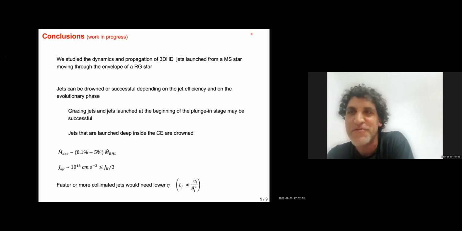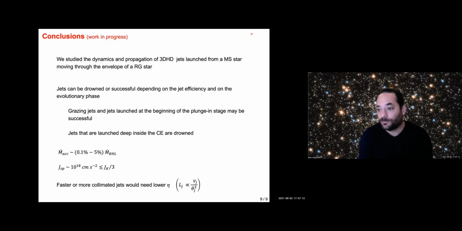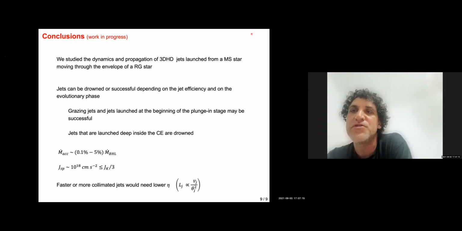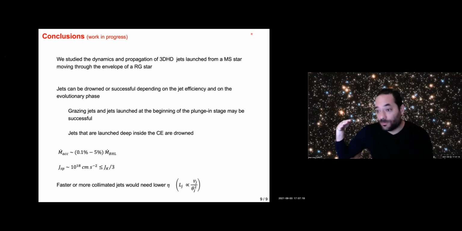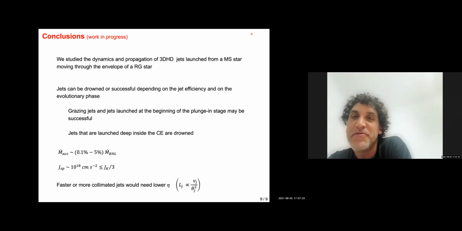I'm just continuing my line that we need to be very careful with the assumptions about accretion. And already what you find is like 0.1 to 5%. That is already strange. If you just assume Bondi-Hoyle, why should you have so far less than that? Because we actually have more wind accretion here. It's already not following a very simple Bondi-Hoyle or even 10%.